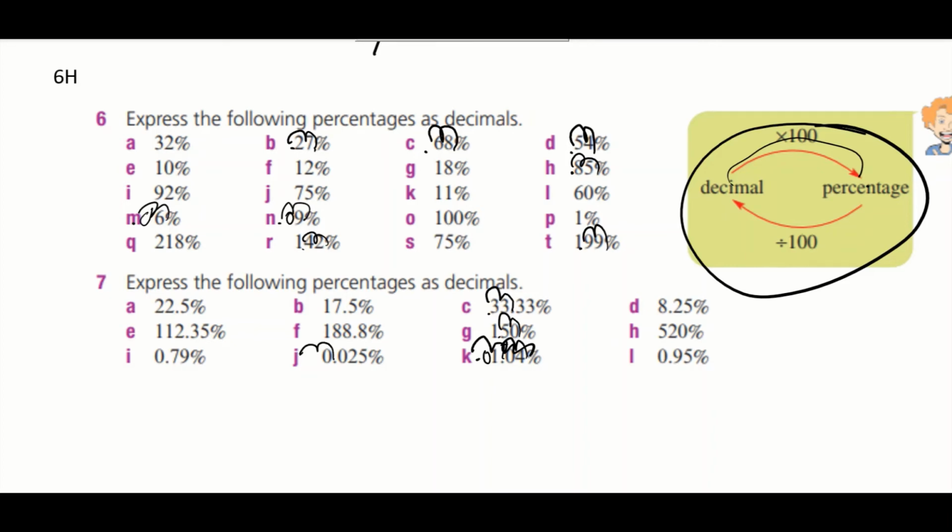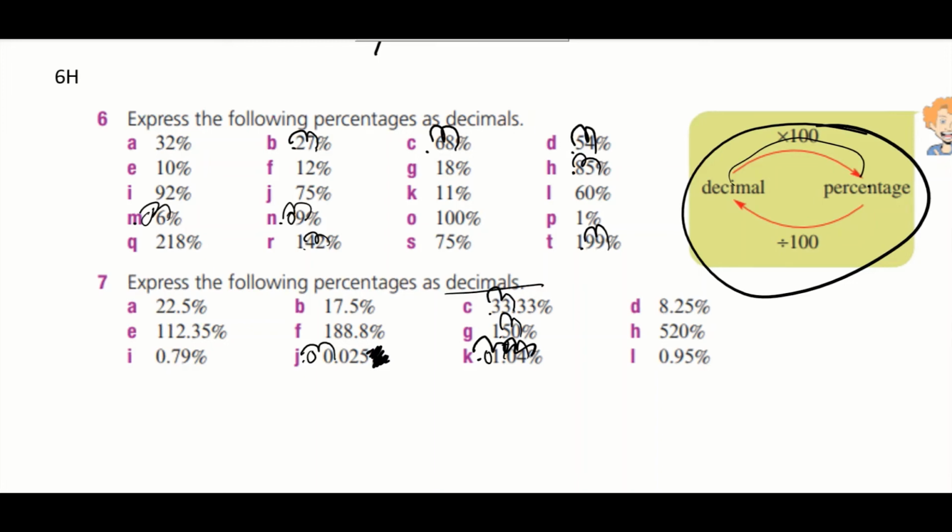Right, and then 0.00025. Actually, not percent, just point, because you've got to drop the percent sign. That's obviously what we're doing. We're changing them to decimals.